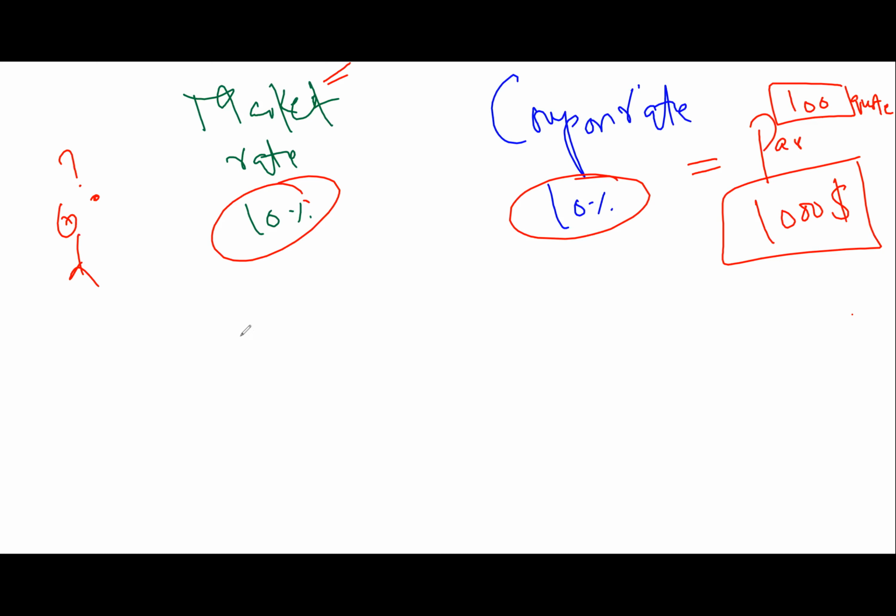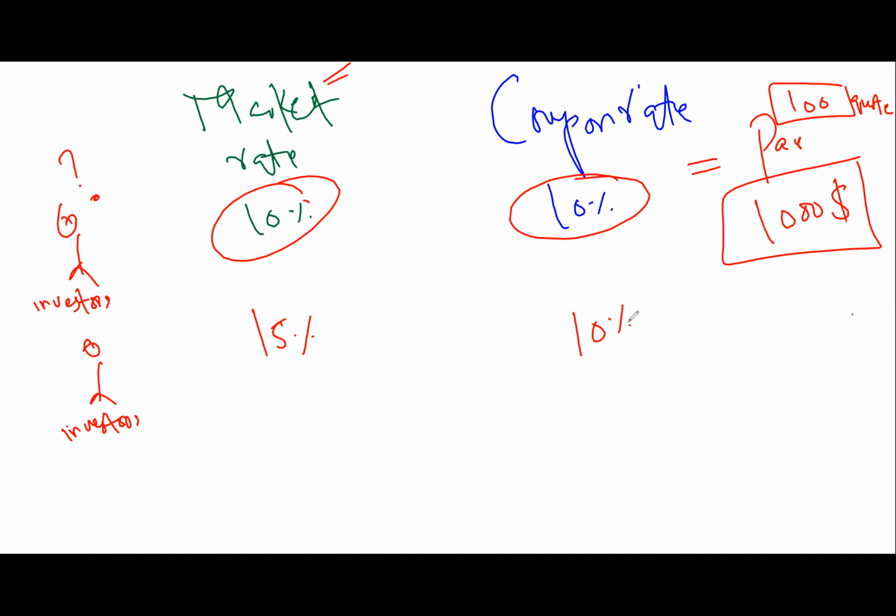Now, if the market rate after some time increased to 15%, what would the investors think? Would the coupon also increase from 10 to 15%? No. The coupon will remain 10% throughout its maturity life, 5 years. Now, the investors say that we are losing our money.